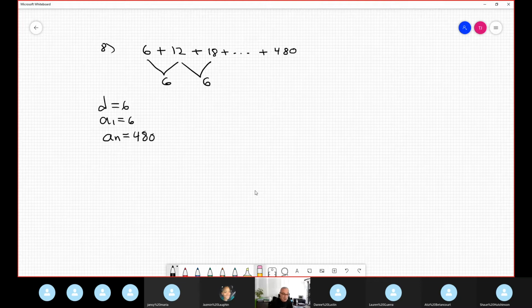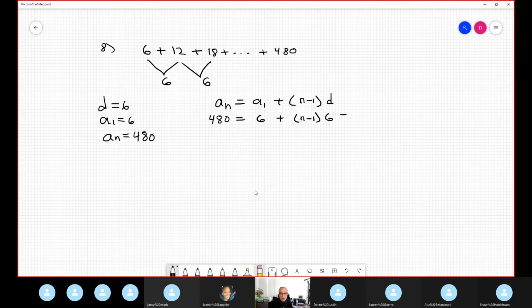The problem is that I don't know the position, but I can find it. Using the famous formula, A sub n is equal to A1 plus n minus 1 times d. This is 480, this is 6, and this is n, exactly the only one that I don't know.